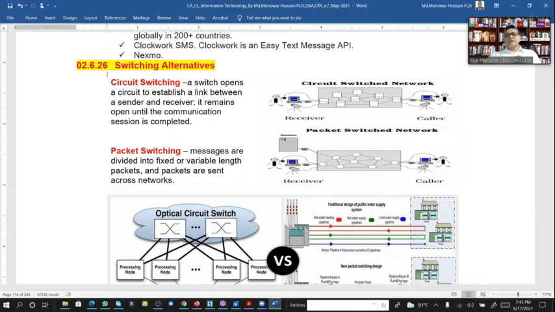But in packet switch, messages are divided into fixed or variable length packets, and packets are sent across the network. So here the caller or sender sends the message to the receiver, and within this network the packet is secured through a password, and only the receiver can see it.